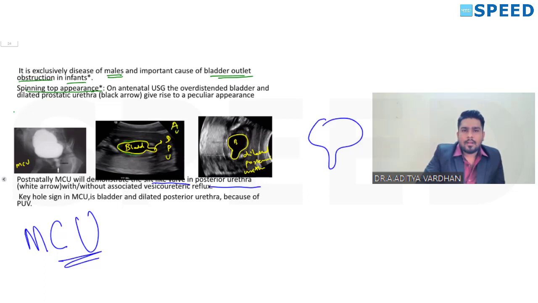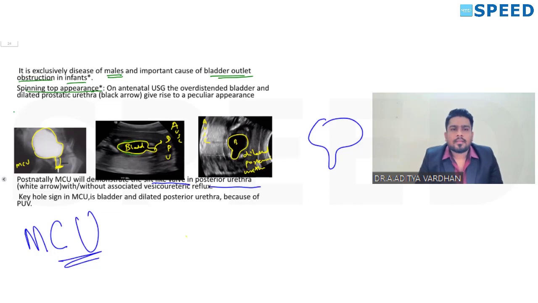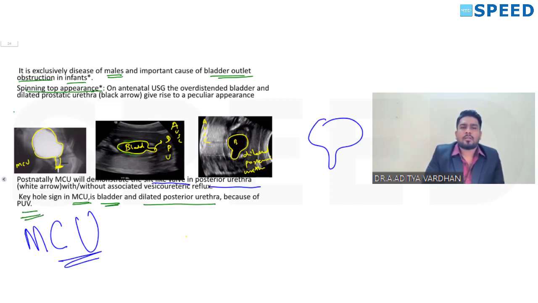These two are antenatal ultrasound. You are able to see bladder, urinary bladder having the dye, and the dilated posterior urethra having the posterior urethral valve here. Okay, and this appearance is called keyhole sign, friends. Okay, keyhole sign in case of micturating cystourethrogram is bladder and dilated posterior urethra because of posterior urethral valve.